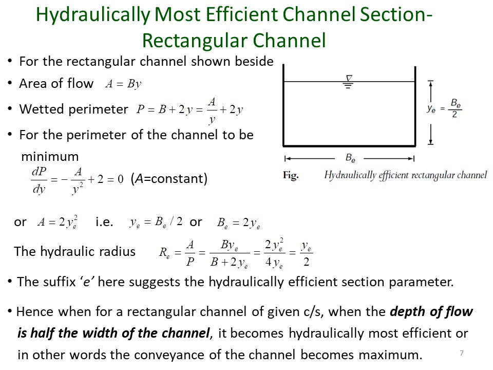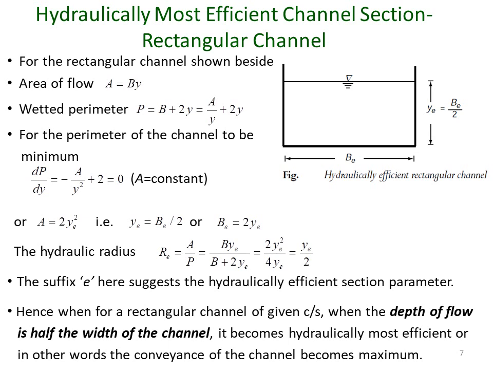So for this channel, as we already mentioned, the longitudinal slope, the roughness and the cross section are already given, already designed. The only variable that we can play with is of course the flow depth here.